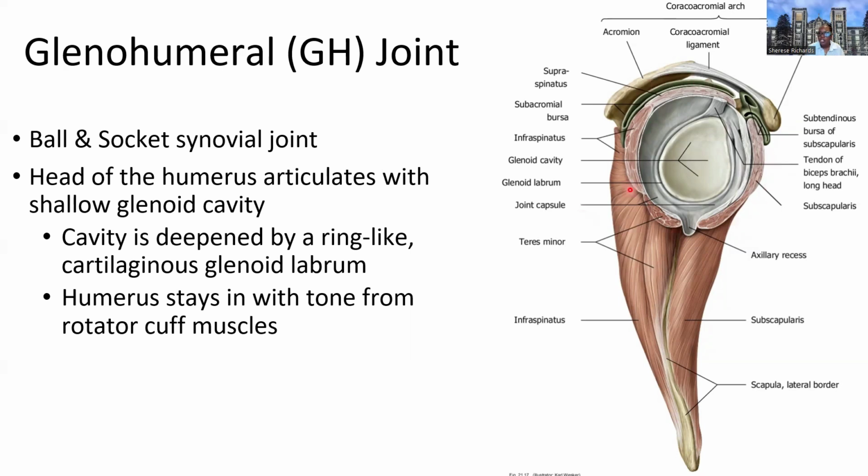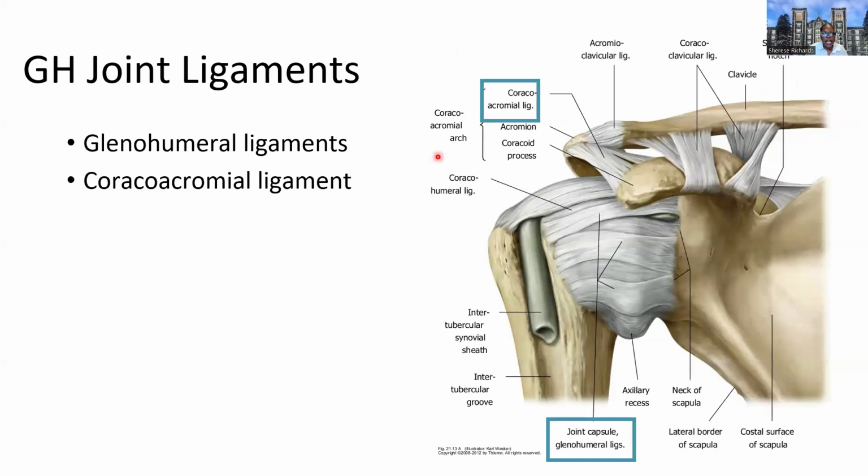A lot of the structural integrity of that joint is not only through the ligaments, but through the rotator cuff muscles, which we described earlier, that help to secure that head into the glenoid, as well as the glenohumeral ligament. So the glenohumeral ligament has several different parts, but they anchor, again, the head into the glenoid cavity.